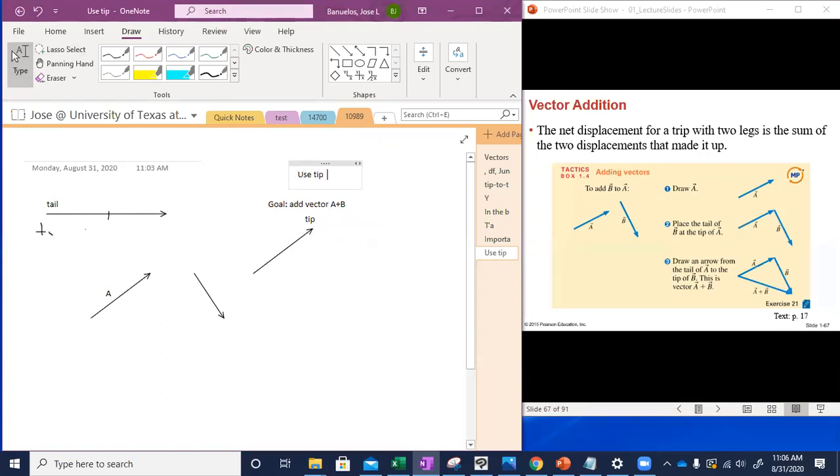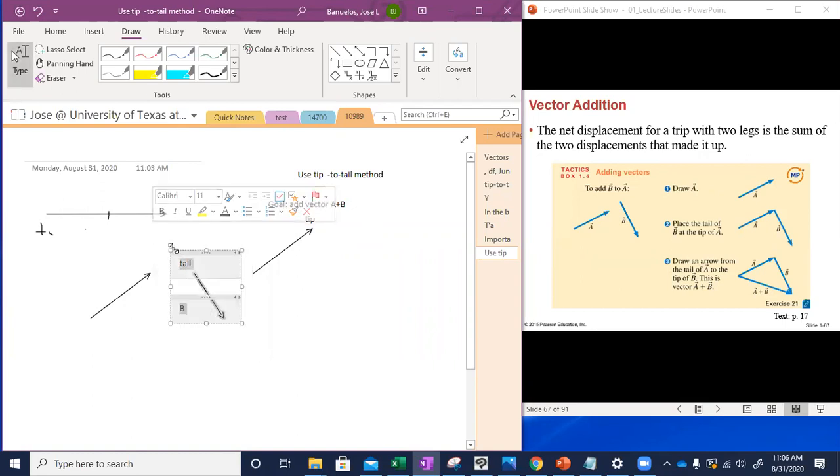We take vector B, which also has its own tip and tail, and you drag it over.